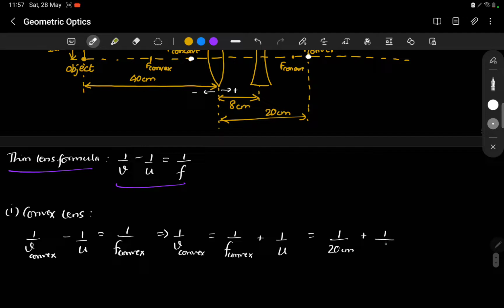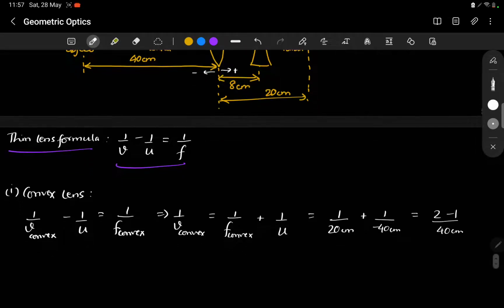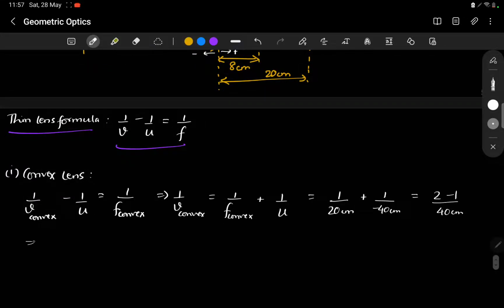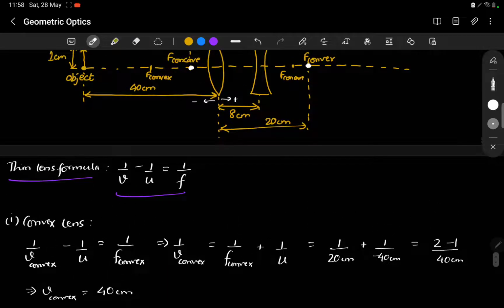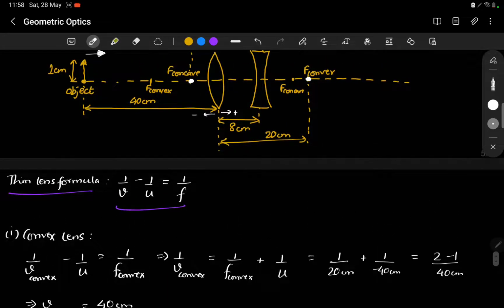So we found out the image distance from the convex lens, which is 40 centimeters.